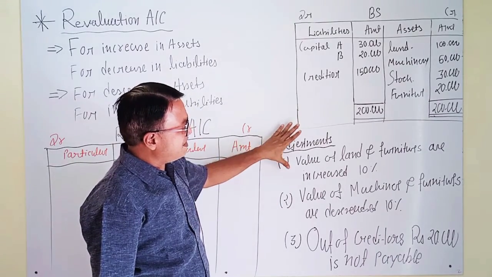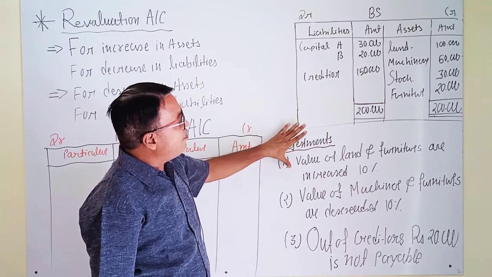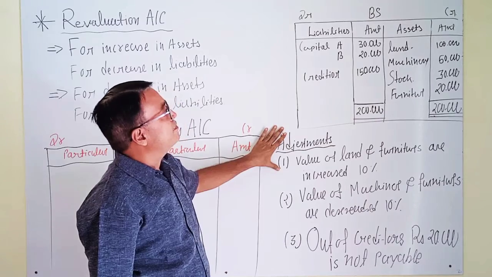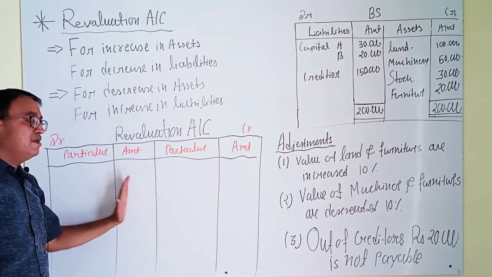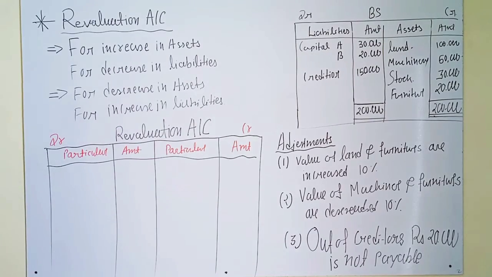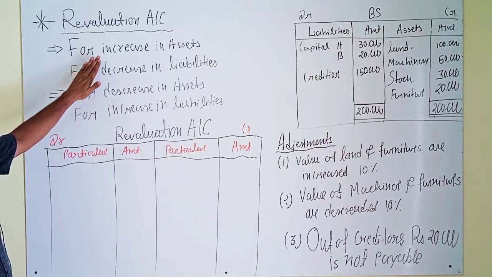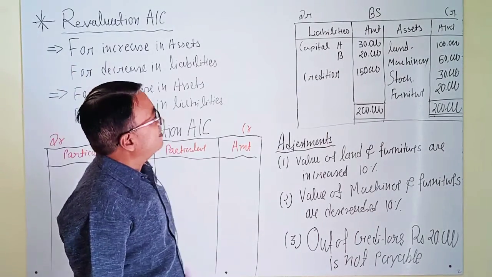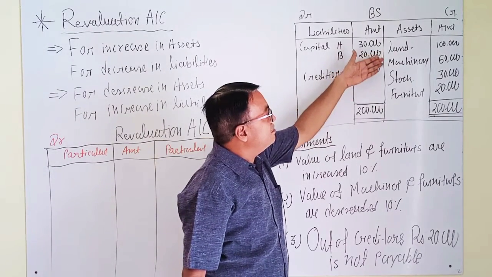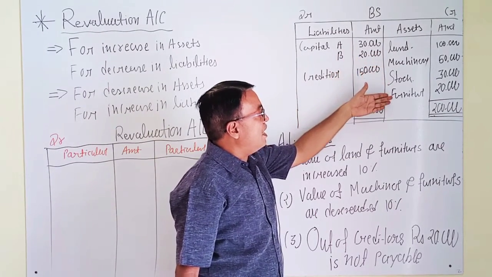It shows how the adjustments affect the balance sheet and the revaluation account. First is given here for increase in assets. In the balance sheet there are some assets like land, machinery, stock and furniture.